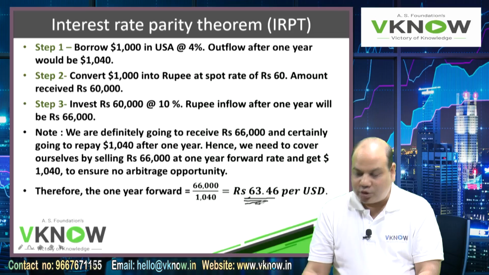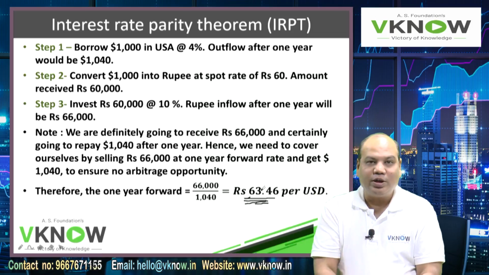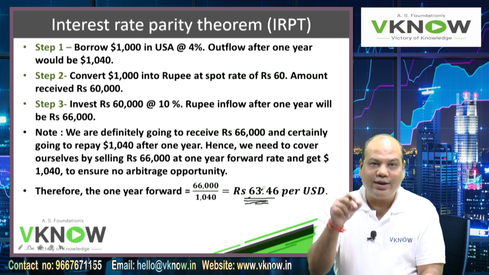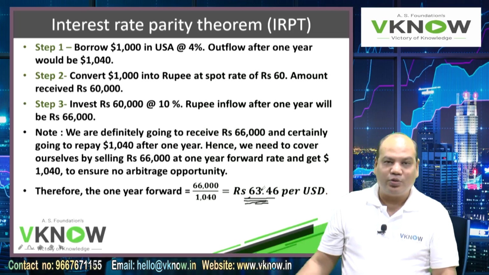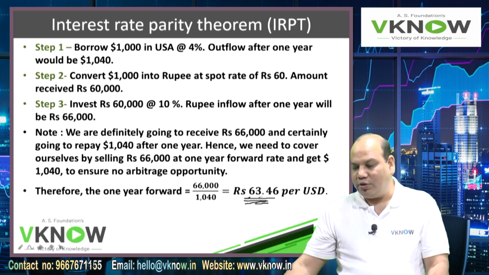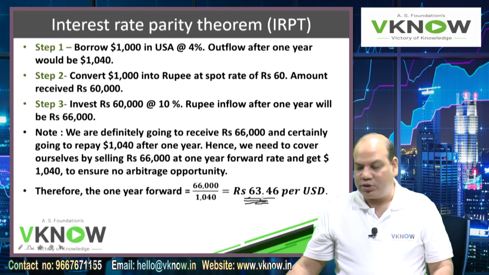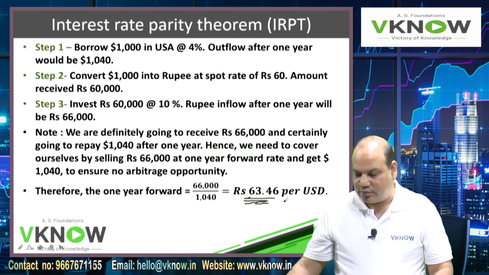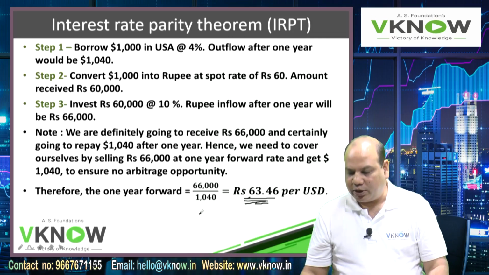And if it is more than this, the arbitrage will arise by borrowing in India and investing in USA. So therefore the 1 year forward rate has to be 63.46 per US dollar. This is called the interest rate parity theorem.